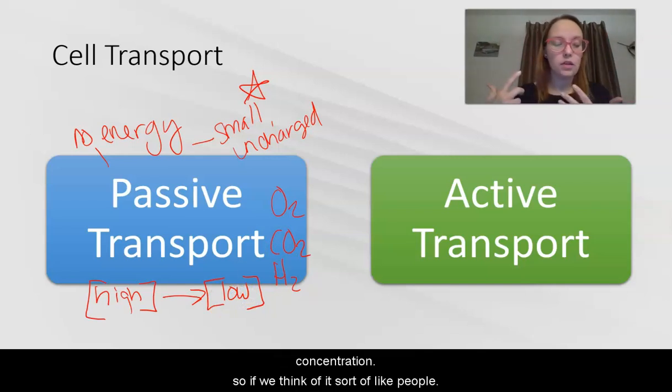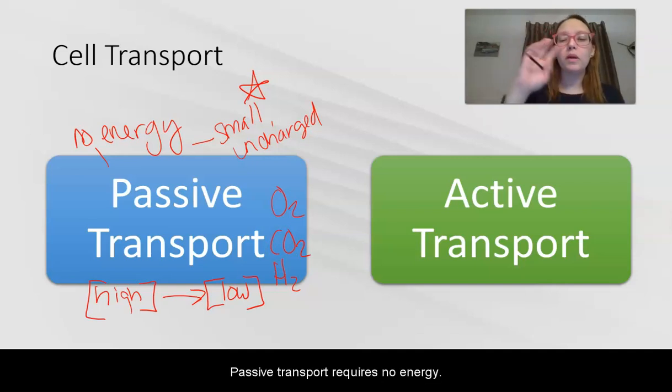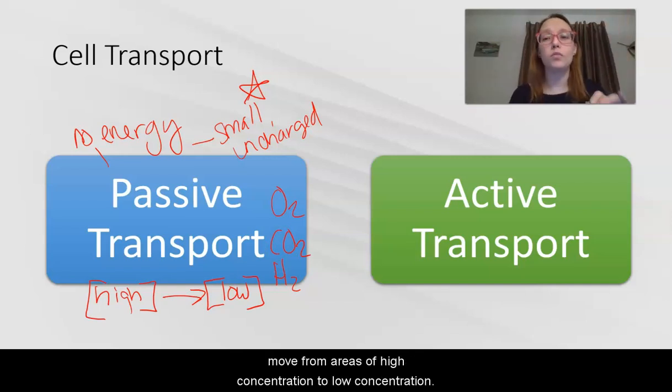So if we think of it sort of like people, they want their space, molecules are the same way. We'll talk more about that in a second. So passive transport requires no energy. Small and uncharged molecules can passively move from areas of high concentration to low concentration.